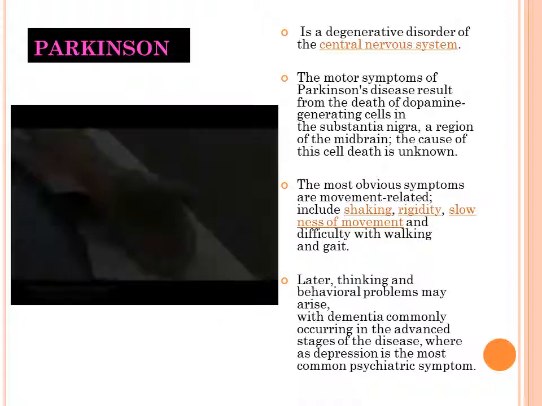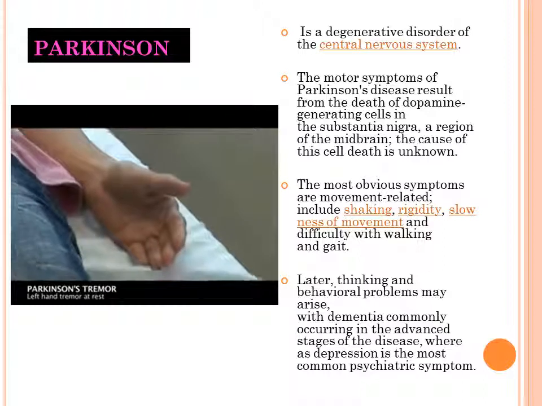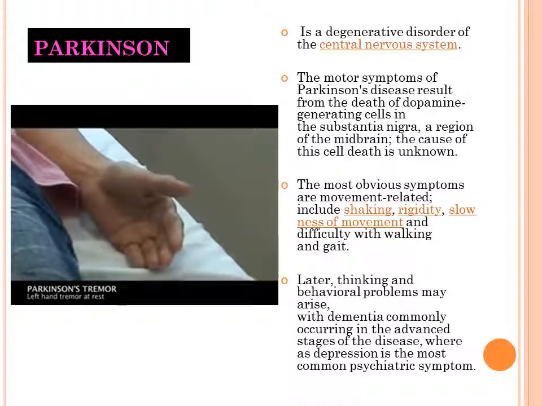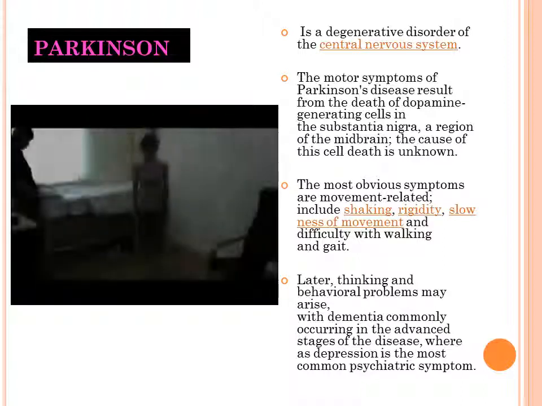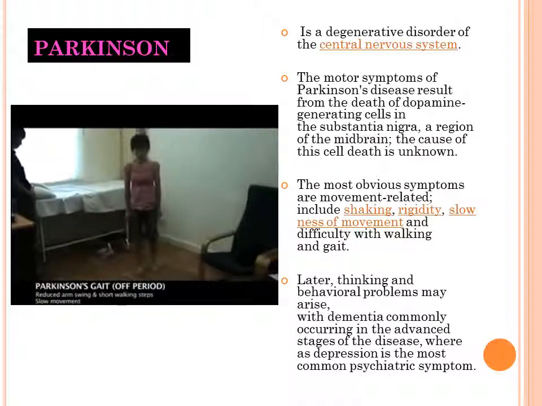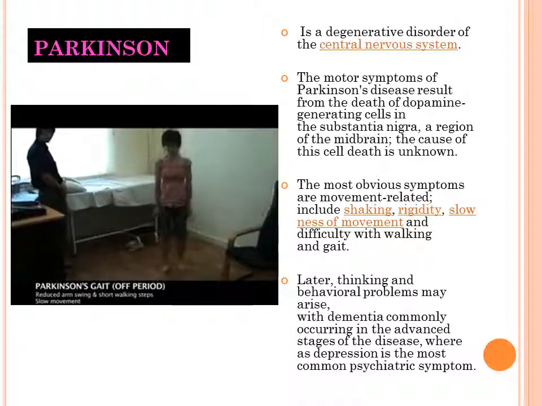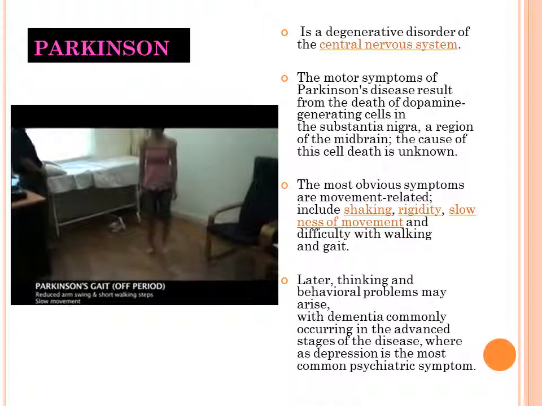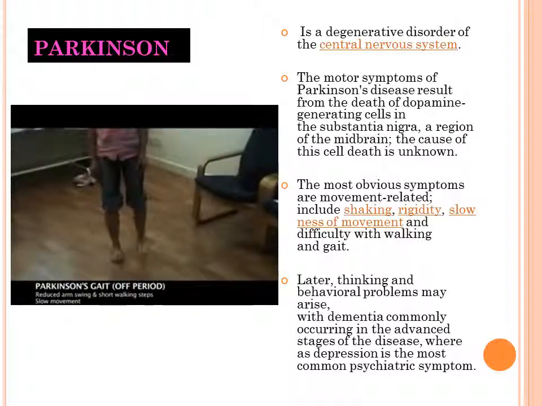The motor symptoms of Parkinson's disease result from the death of dopamine-generating cells in the substantia nigra, a region of the midbrain. The cause of these cells' death is unknown.